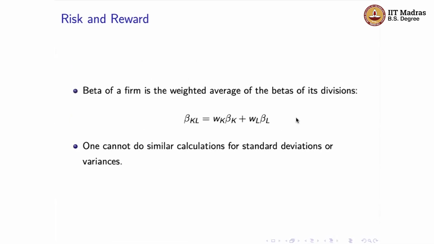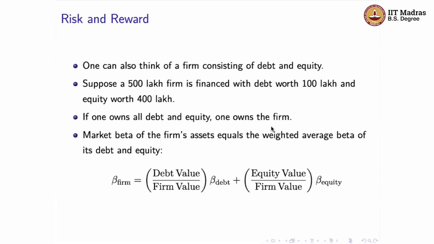So we want to apply this kind of reasoning, but instead of applying it to two different divisions, we now want to apply it to two different ways in which the firm is financed, right? So the market beta of the whole firm would be the weighted average of the market beta of the equity and debt, where the weights are basically the debt value to firm value ratio and the equity value to firm value ratio.